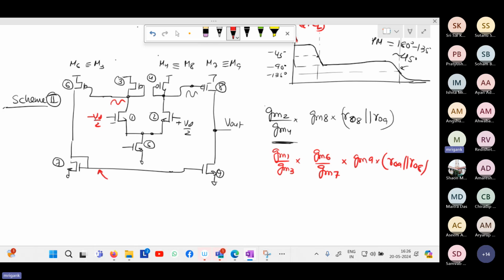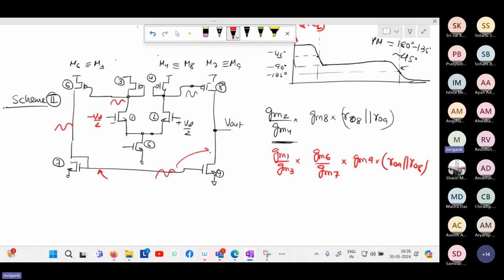This is the second path, right? From here, you are calculating the gain to this stage, and whatever gain you are getting, that same signal appears here, and from there you are getting another signal at the output. Basically, you can take the superposition, both the things combined together.